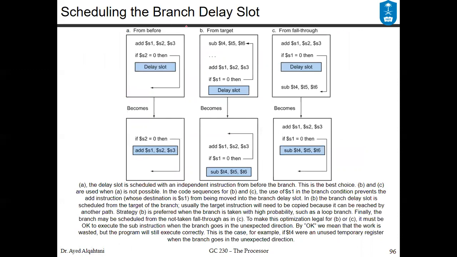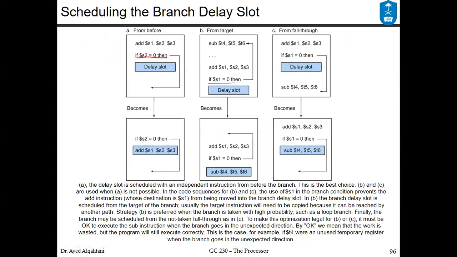Now, scheduling the branch delay slot. The delay slot is the instruction following the branch. So if this is the branch, we write it in high-level language, but it's similar behavior. So if this is a branch, the delay slot follows it directly. Similarly, this is a branch, the delay slot follows it, and this is a branch, the delay slot follows this. So this delay slot could be a no operation.